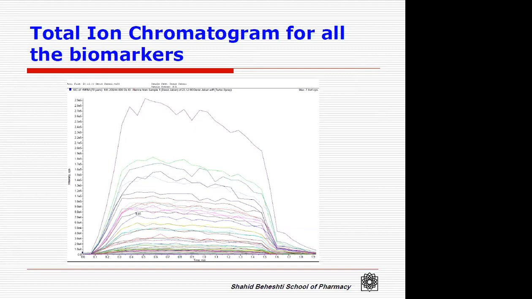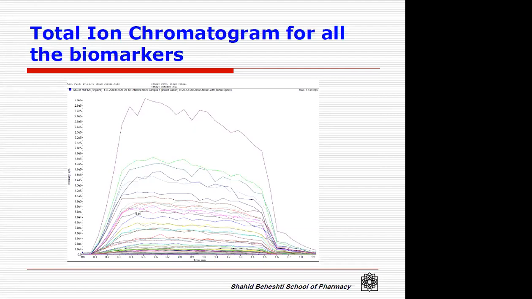And since you have the labeled biomarkers at a certain amount in the same solution, in this solution we will have 13 natural amino acids and 13 labeled amino acids that we have added ourselves. The acylcarnitines are the same: 13 natural acylcarnitines extracted from the blood spot, and 13 labeled acylcarnitines that we have added ourselves, and we know their concentration.